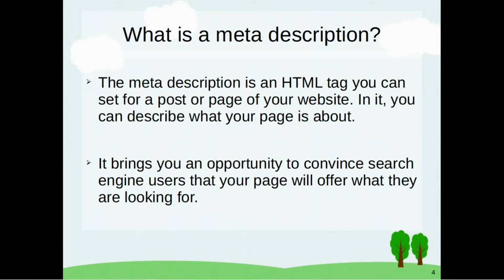When someone types best fruits and vegetables near me, Google will see your meta description and title, which is created in HTML, and it will tell Google that your website is about fruits and vegetables.